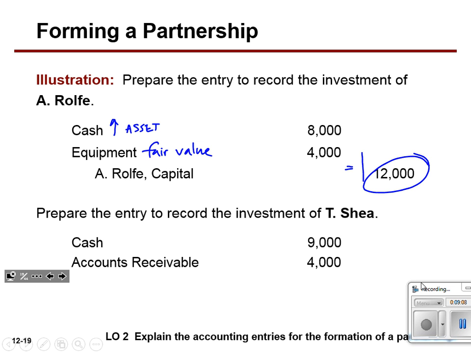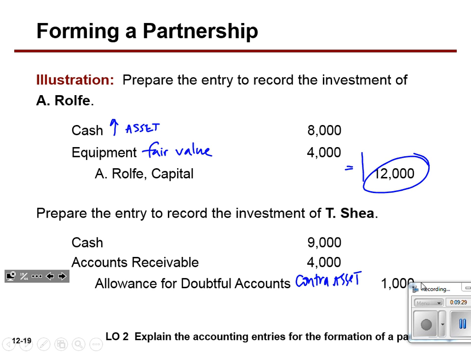What's going to offset that AR or that contra asset that devalues that? You guys remember what it's called? Allowance for doubtful. I see some of you saying it. Remember, this is a contra asset that is included in the formation of a partnership.